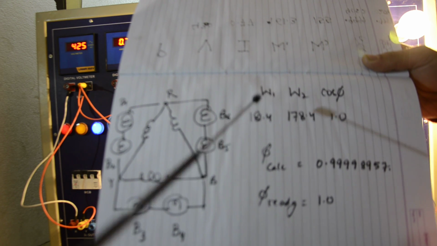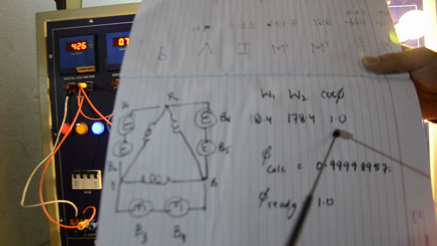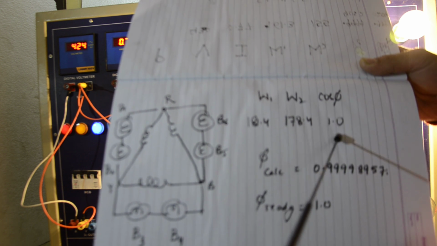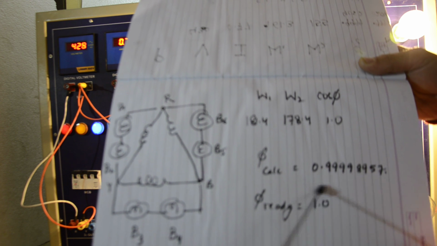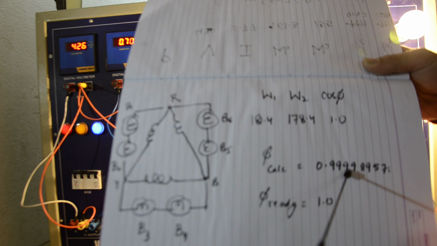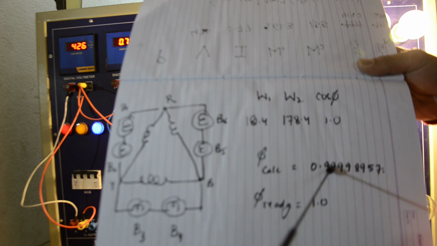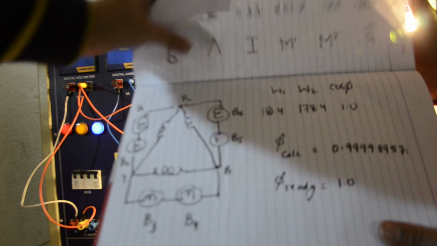These are my wattmeter readings, 181.4 and 178.4, and my power factor from the wattmeter reading is 1. This is my power factor calculation using my calculator, in which I have used the formula phi is equal to cos of tan inverse of root 3 times (W1 minus W2) upon (W1 plus W2), as I have used earlier.